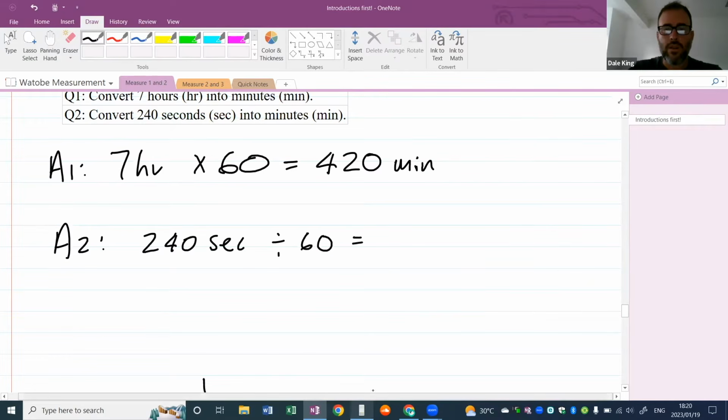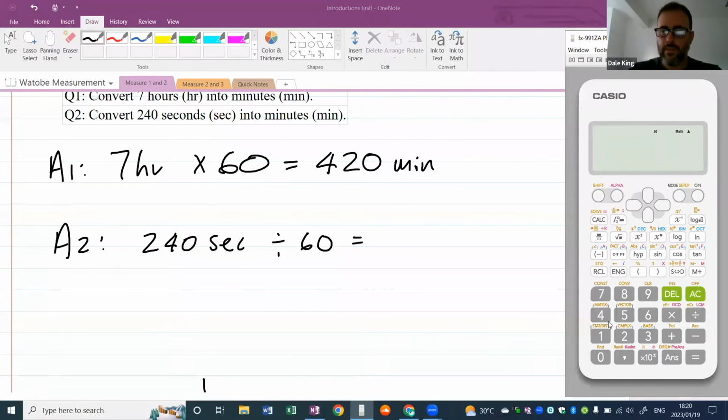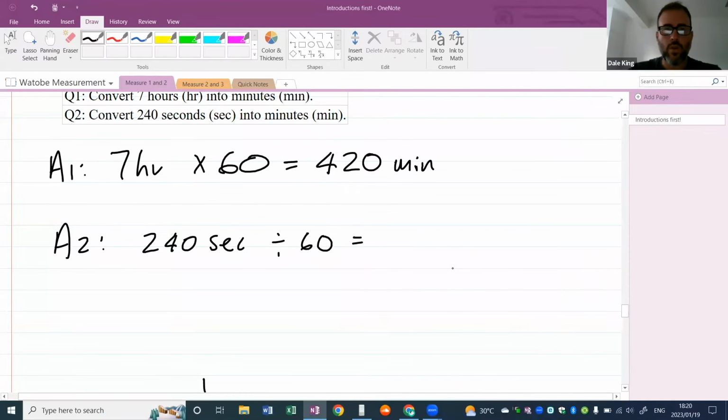And you do that on the calculator. 240 divided by 60, and that'll give us 4. And the question wants minutes, so we give them minutes. All right, so these examples are just to show you when you need to times and when you need to divide. When you change from a big to a small unit, you're going to times, and when you change from a small to a big one, you're going to divide.